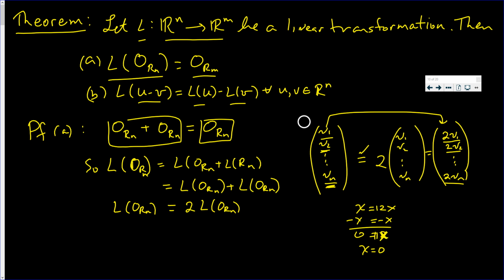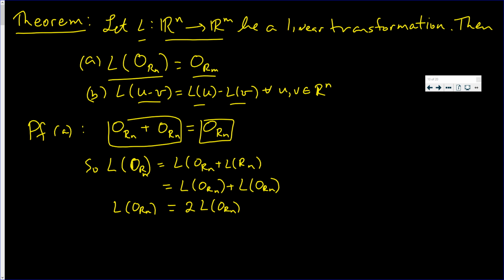Okay, so what I am concluding is that L, and I can take away L of v sub n from both sides if you like.